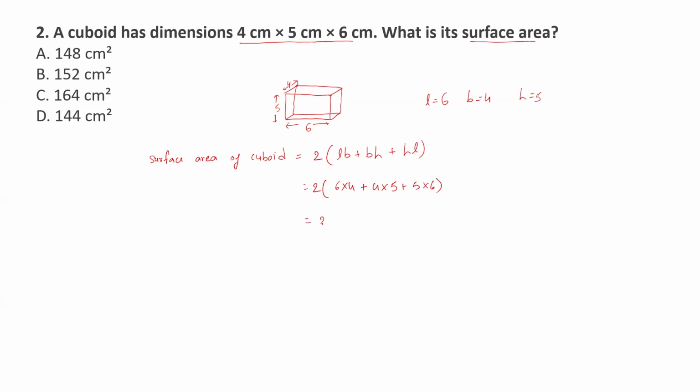Just do this calculation. 6 into 4 is 24. 4 into 5 is 20. 5 into 6 is 30. So 2 times, just add them up. It is 74. So 2 into 74 is 148. So option A is correct.